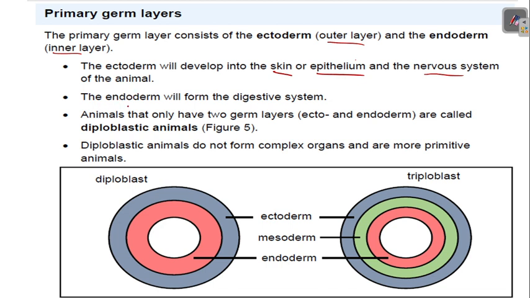Then the endoderm will form the digestive systems. Animals that only have the endoderm and ectoderm are known as diploblastic or diploblasts. Good. Diploblastic organisms do not form complex organs and are primitive animals. So we'll get to have an example of diploblastic organisms later.